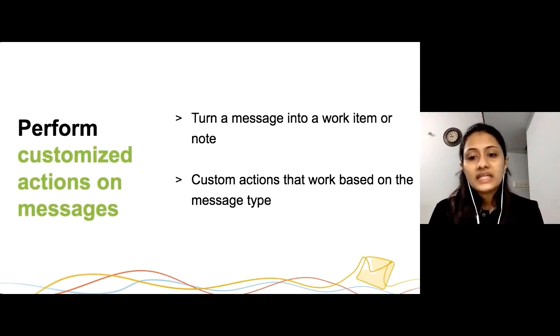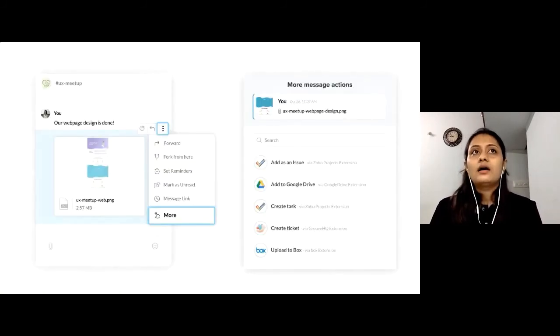That's when you need a custom action. A custom action in Cliq can make any sort of message actionable. Say it is a text message and you want to add the message as a note into your CRM, or add it into a note for a customer ticket.